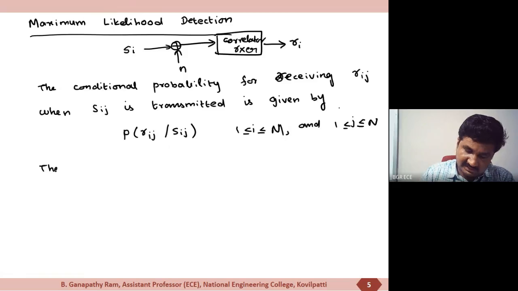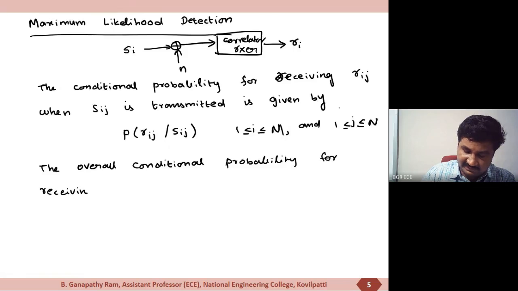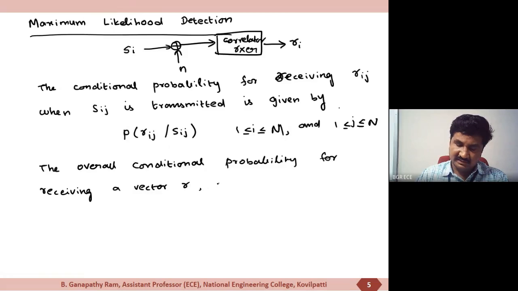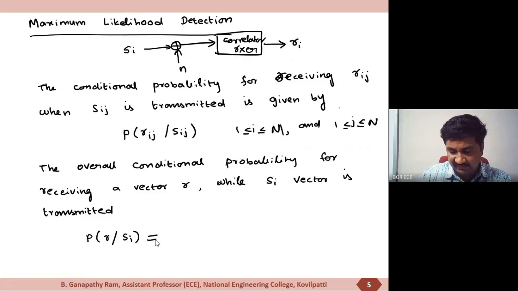So the overall conditional probability for receiving a vector R while vector Si is transmitted, that is P of R given Si, is written as the product of the individual conditional probabilities for receiving Rij when Sij is transmitted.